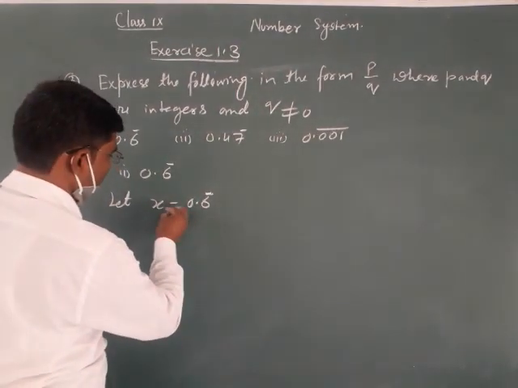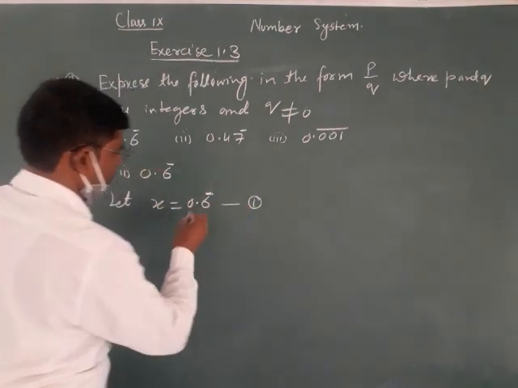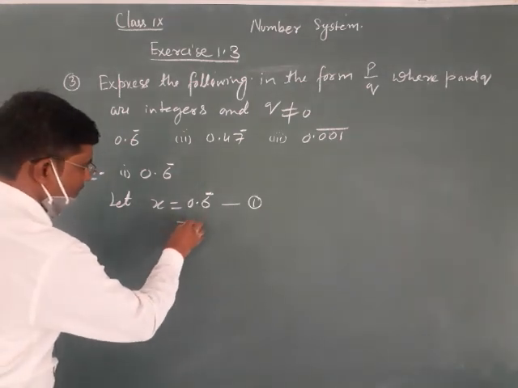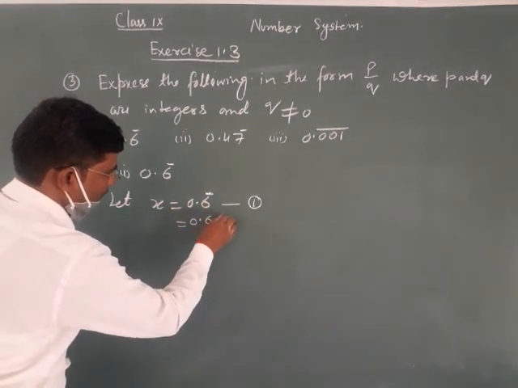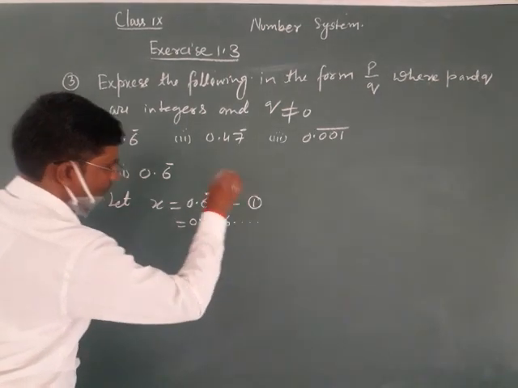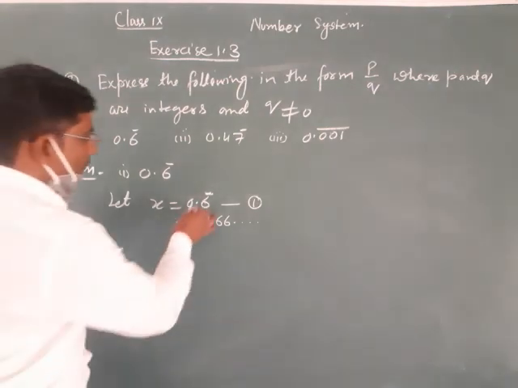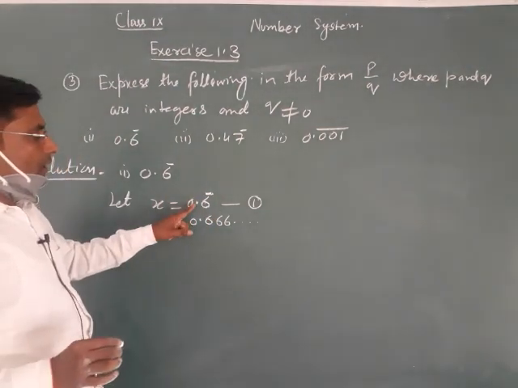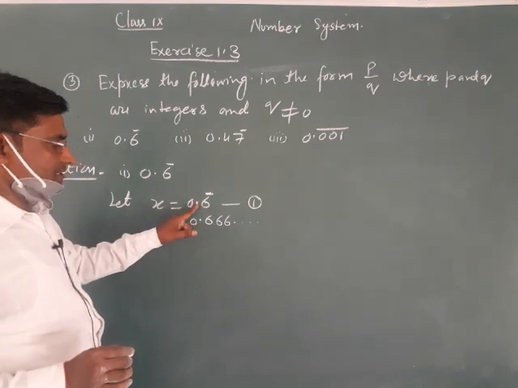You can write this as our first equation. 0.6 bar means repeating number 666, and so on, after the decimal point.